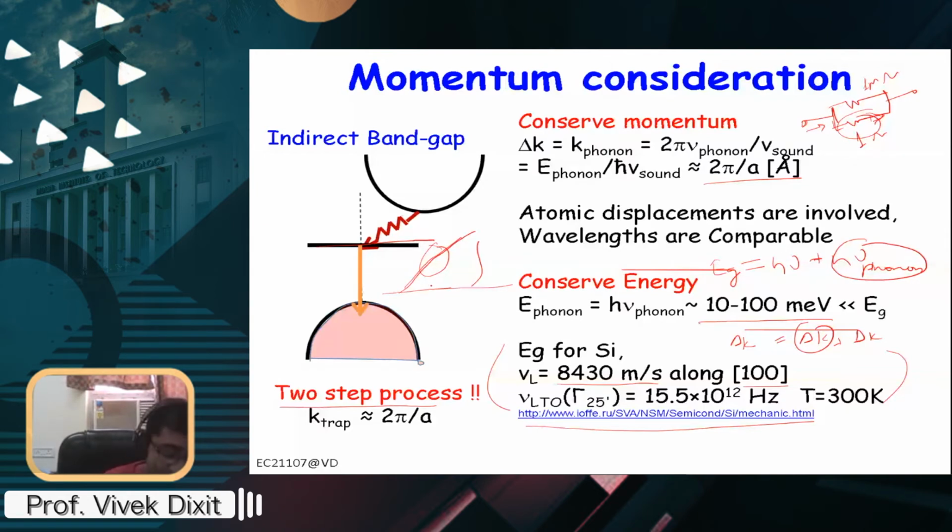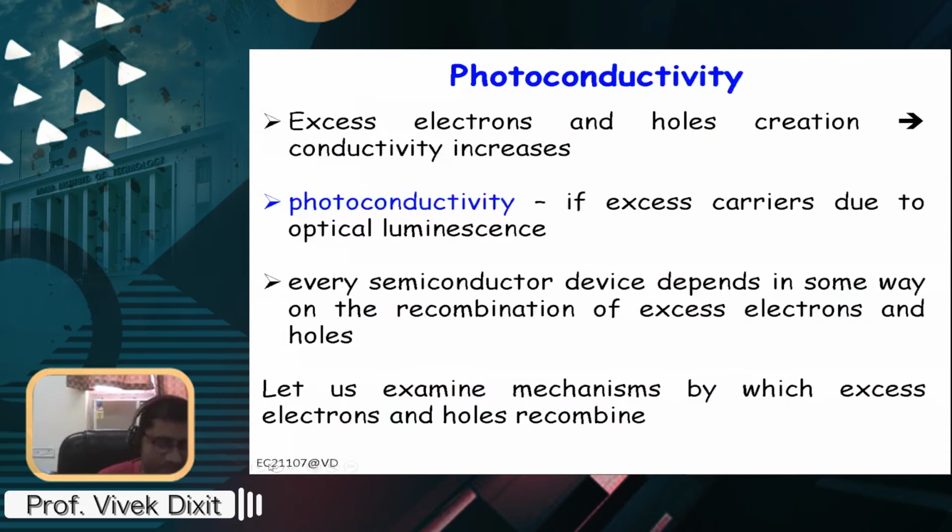Now, when generation takes place through photons, whether in a direct or indirect band gap, the carrier concentration increases, and when the carrier concentration increases, the conductivity increases. This phenomenon is called photoconductivity. These electrons and holes that are created enhance the conductivity, and this enhanced conductivity is called photoconductivity.